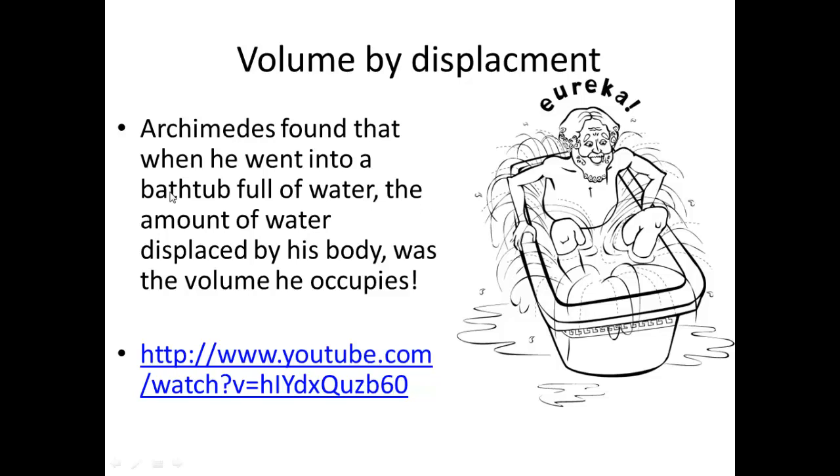Volume by displacement, interesting. No, do not copy this down. I'm just going to show you guys a cool little video. Archimedes is a famous scientist, and he found out that if he fills up a bathtub with water and then gets in the bathtub, some of it spills out. You guys are very familiar with this, I hope. You guys bathe?